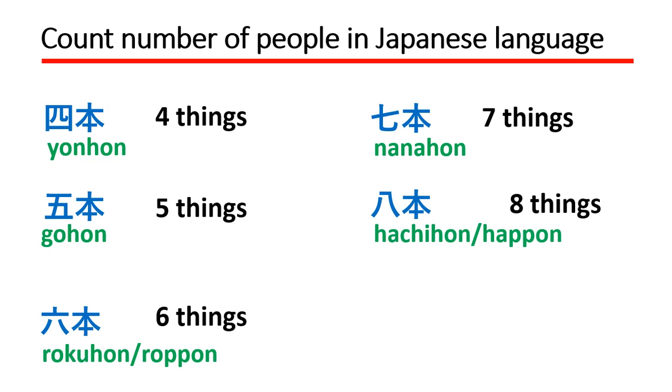Hachihon or happon, eight things. When you say eight things for long objects, you could say hachihon or happon. It has two sounds but the same meaning, and you should remember that. Kyuhon, nine things.